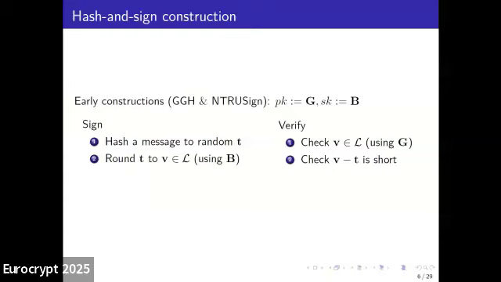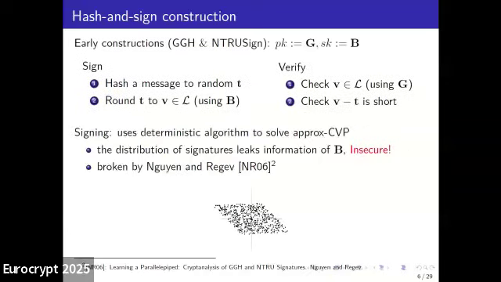In signing, it first hashes a message to a random vector T and then rounds the vector T to a vector V, which belongs to the lattice, by using the good basis. In its verification, it only checks if the vector V belongs to the lattice by using the bad basis G, and then checks if the vector V minus T is short.